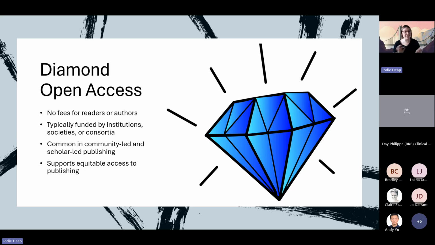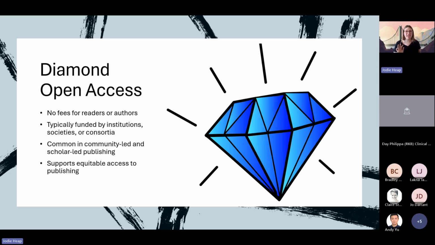They do exist, and so you can hunt them down if you are interested in gaining that sort of publisher-led open access element, but don't have the money available to pay that article processing charge. Diamond could be a route for you, but I still think green is probably the easier route. Diamond open access is lovely, but just not super common.